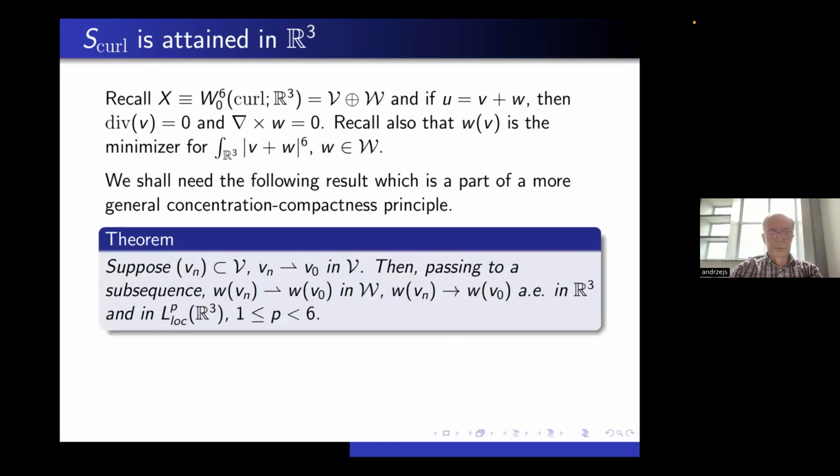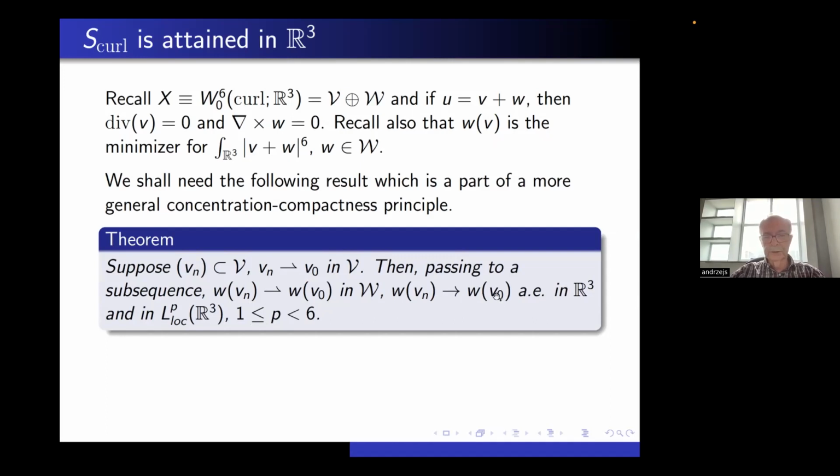So now a very important step here is a theorem which says that if Vn is going weakly to V0 in V, then passing to a subsequence, one has W(Vn) going weakly to W(V0), and also it goes to W(V0) almost everywhere, and also in L^p_loc for subcritical p.